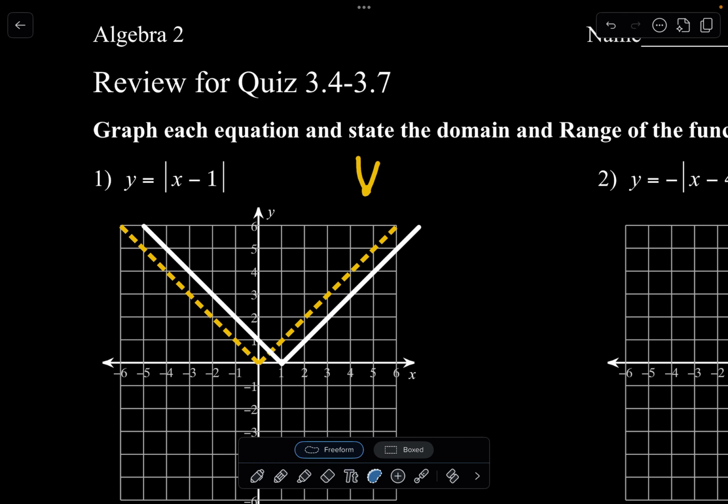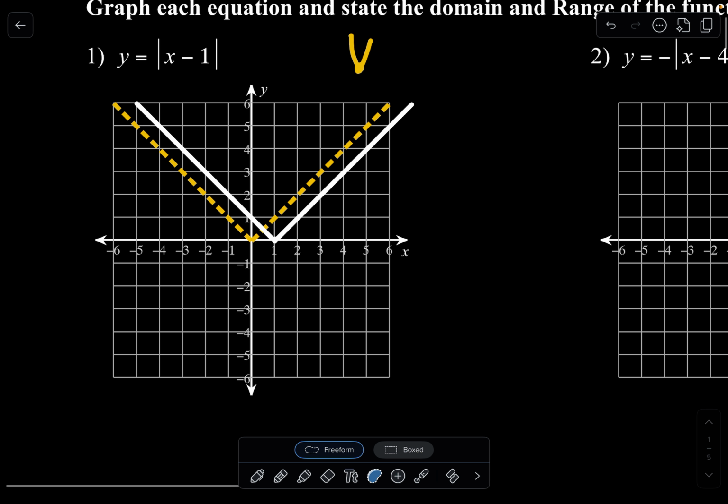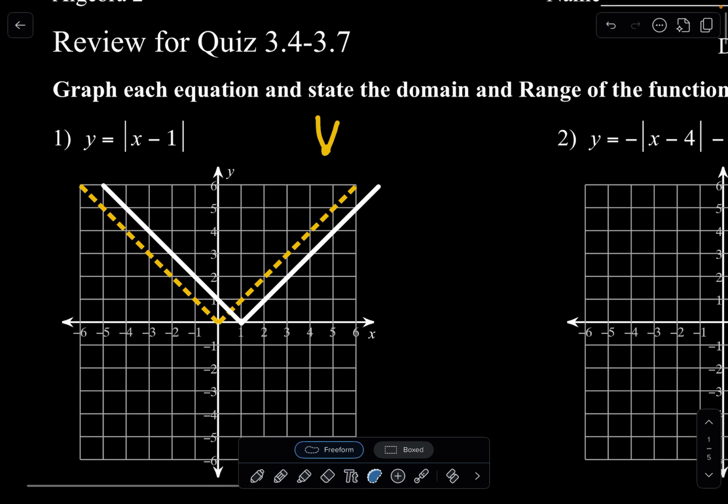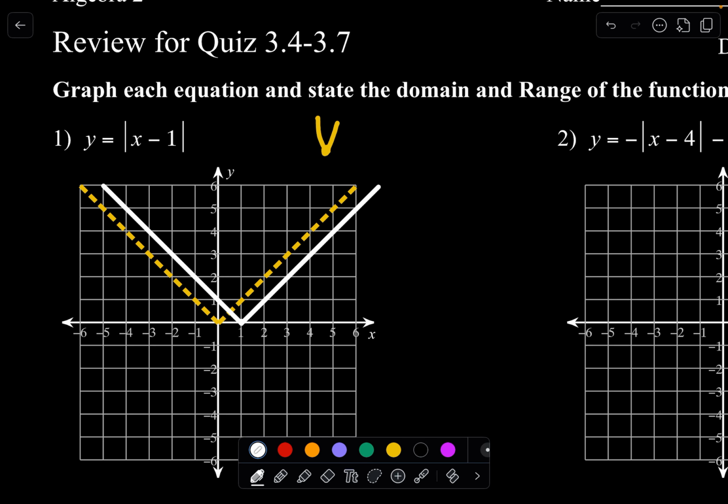And so that's the transformed graph. It says domain and range. Well, for absolute values, domain is all real numbers. And the range is going to be restricted.